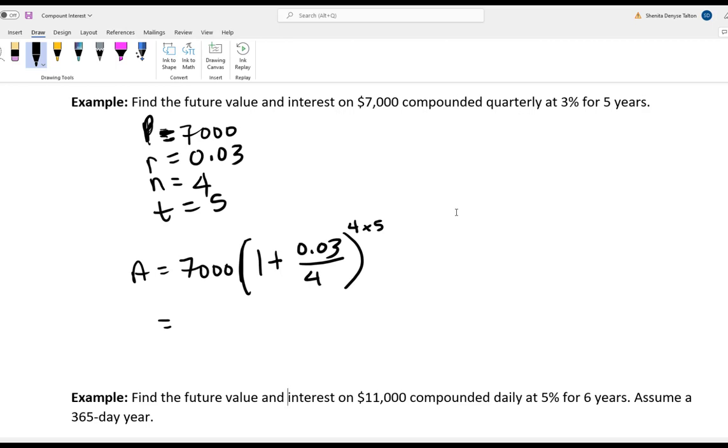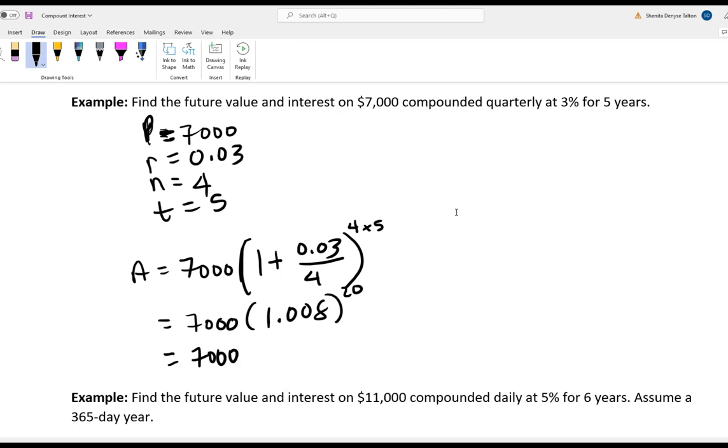All right, so I'm going to go ahead and do the stuff in parentheses first. When I do that, I get 1.008 raised to the 20th power. So the first thing I did was I took 0.03 and divided it by 4. Whatever answer I got, I added it with the 1.